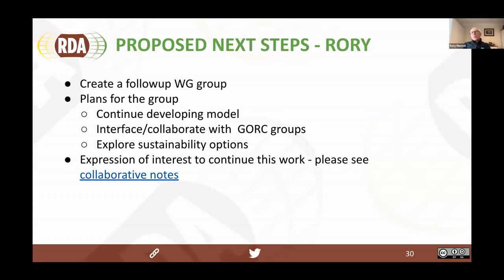Yeah, so we have already touched on some of these, I guess, but Marcelo and Adam and I are planning to submit a proposal to have a follow-up working group, and our plans for the group include the following things. So one, to continue developing the model. For example, we've already discussed the idea of having attributes that would be applied to individual tools like interoperability, closed or open source.